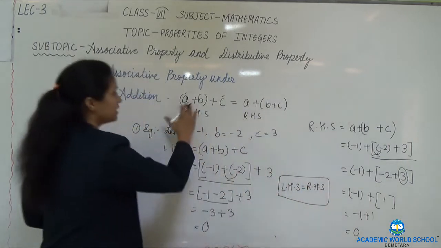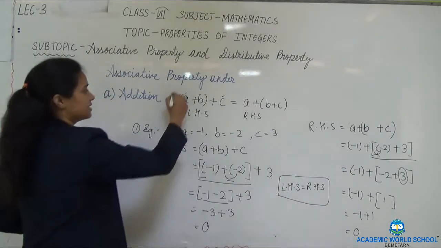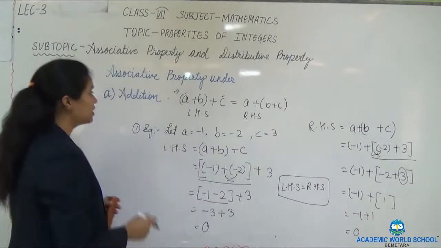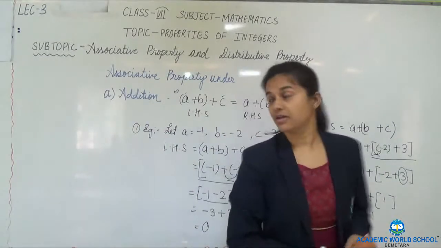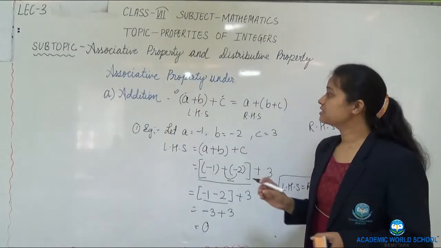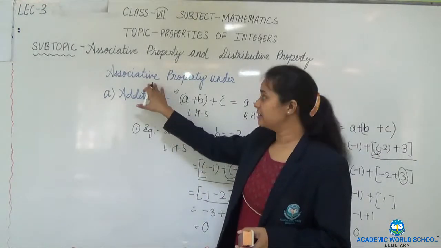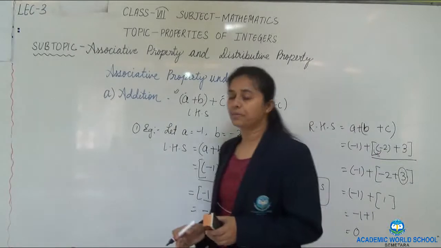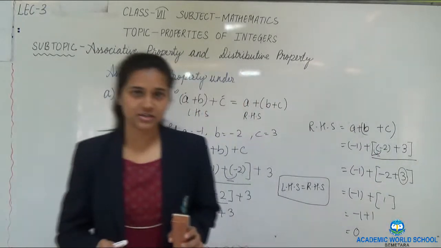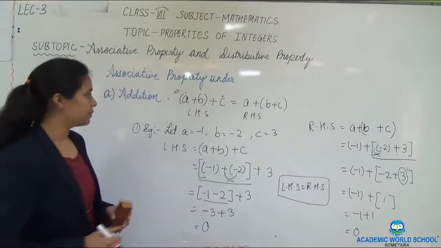Means whether we regroup them in any way, the answer will always be the same. So addition is associative. Addition satisfies the associative property, or I can say associative property is closed under addition. So this was our first operation.